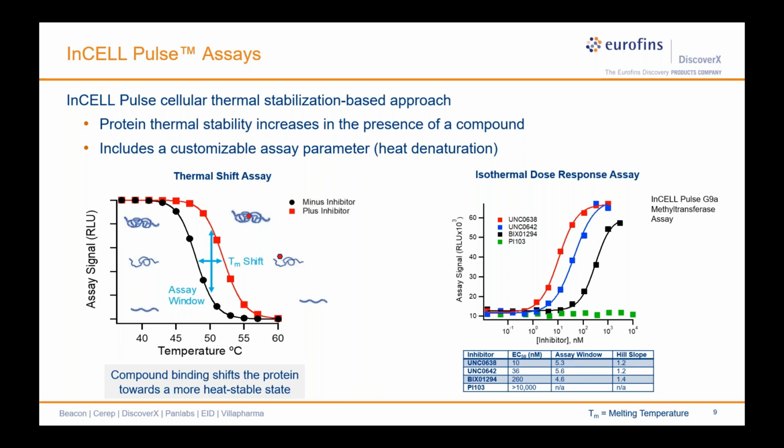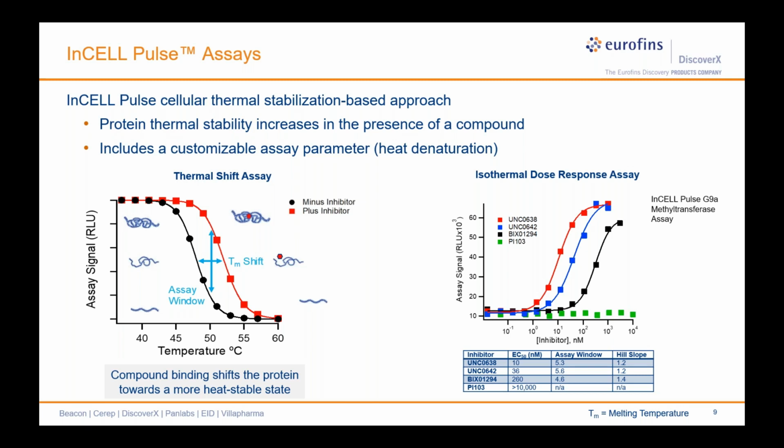And so the shift in the temperature axis, we can call a delta TM or a TM shift. And then the separation of those two curves in the y-axis, we can call the assay window. Now, at around 50 degrees, we do have a nice separation of those two curves. So we might pick 49 or 50 degrees to run what we call an isothermal dose response assay.